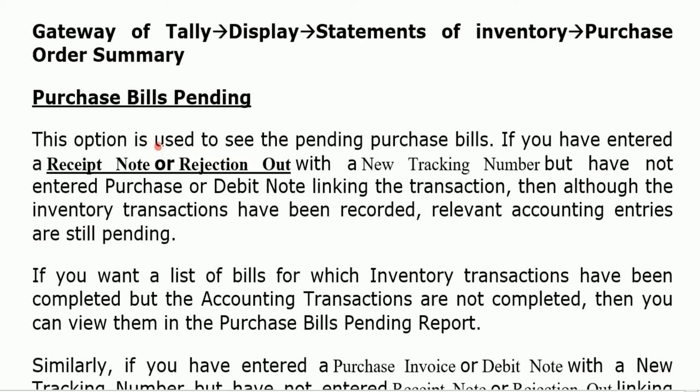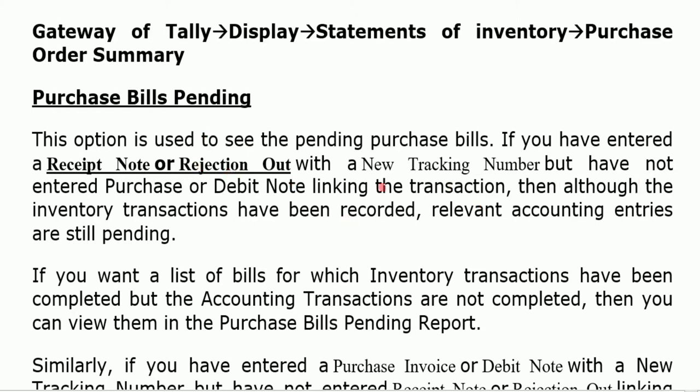That means items are available in the godown, items are delivered, but the entry is not made in the accounting, so it will show the pending purchase bills.